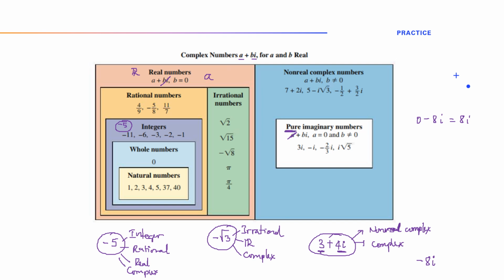That's why they say pure. So pure means only the imaginary part right here, the bi. Okay, so negative 9i is a pure imaginary number, and it's also inside the non-real complex numbers, and then also inside the complex numbers.